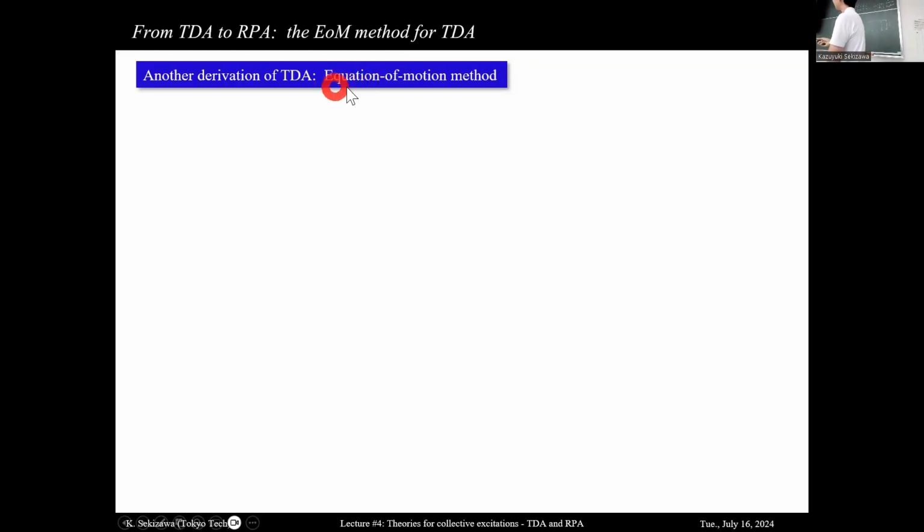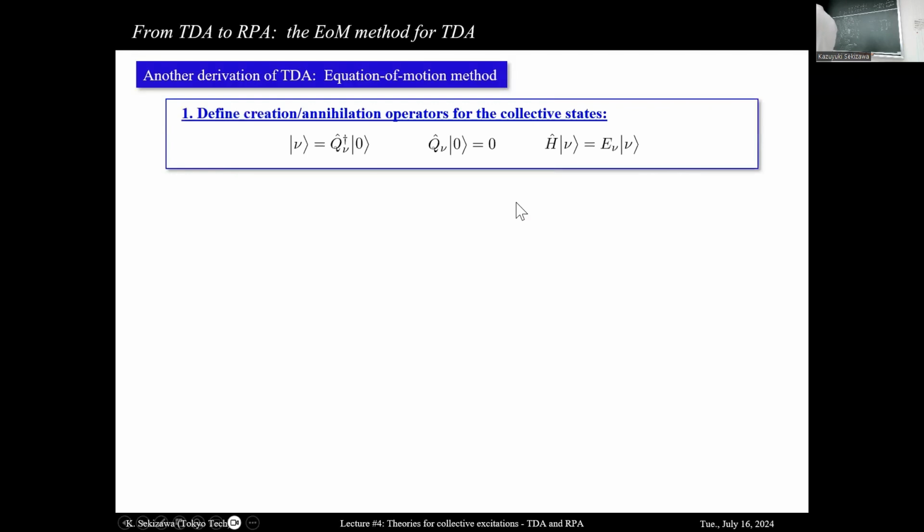This is the so-called equation of motion method. So far, I just used the anti-commutation relations, and I simply took the expectation value and the variation principle. But now I'd like to derive the same equation in a somewhat different way.